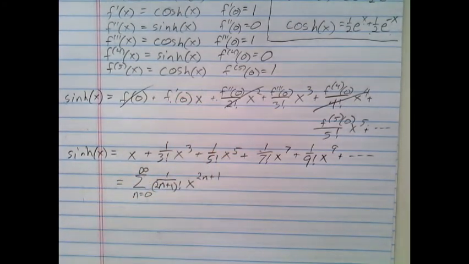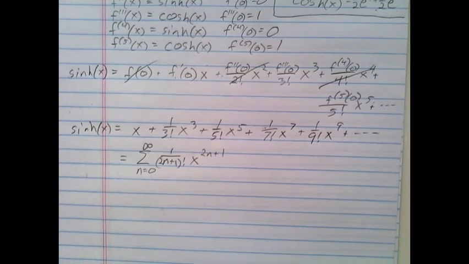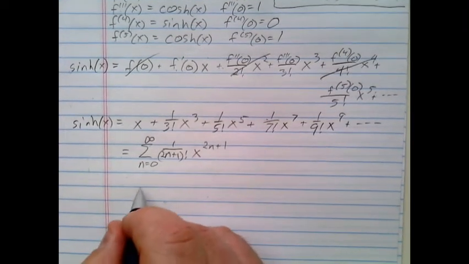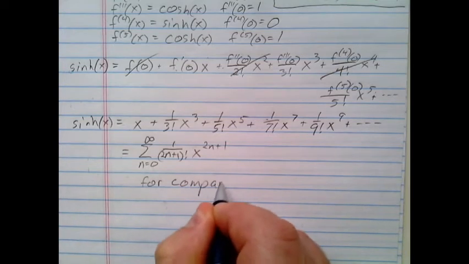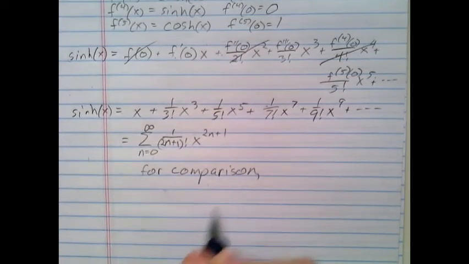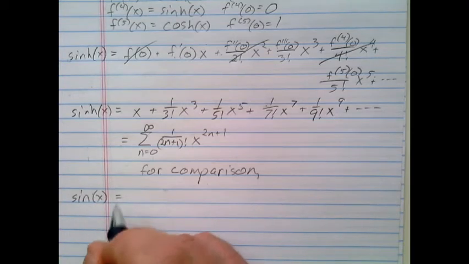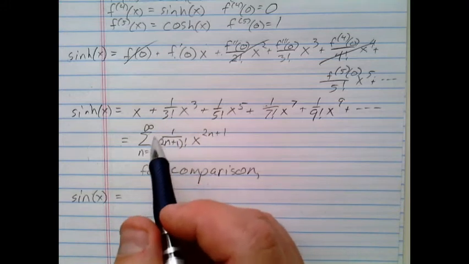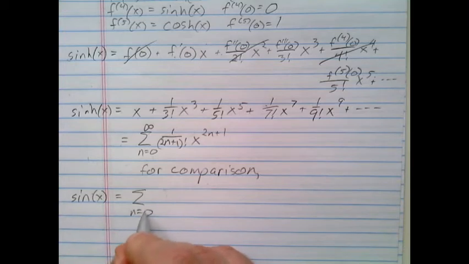Now I said on the outline that we should compare that to the power series centered at 0 that we built last time for sine. Okay, so I'll just say for comparison, previously we said that the power series for regular sine, now remember this one also only had the odd terms, okay, but that one was an alternating series, so it was almost the same formula.